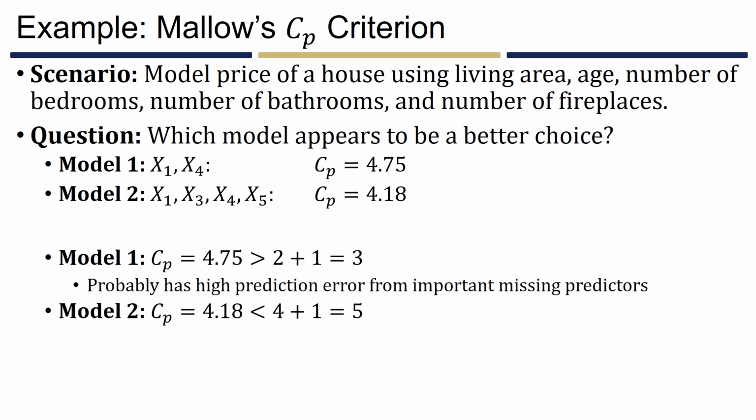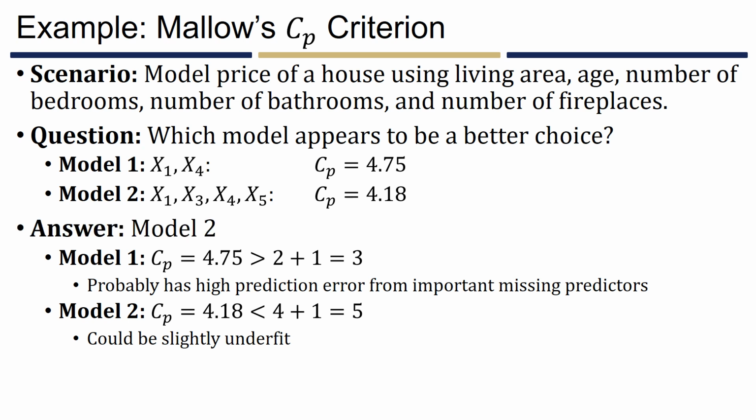On the other hand, model 2, which includes x1, x3, x4, and x5, had a Mallows Cp value of 4.18, and this actually ends up being less than the number of predictors plus 1. 4.18 is less than 5. This model could be slightly underfit because it is pretty far below the number of predictors plus 1.